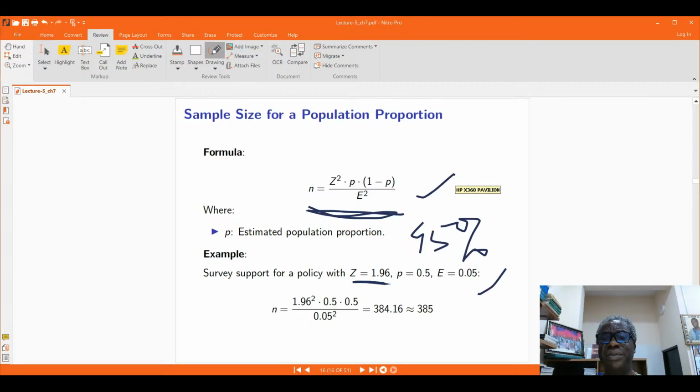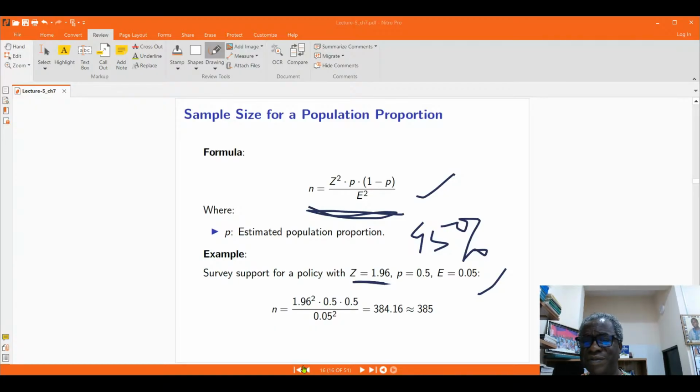So if there are questions, feel free to put it in the chat menu. Yes, I can see Dada Ibrahim saying, I noticed in the approximations that 384.16 was approximated to 385. Why not 384? Yeah, that's a good question.